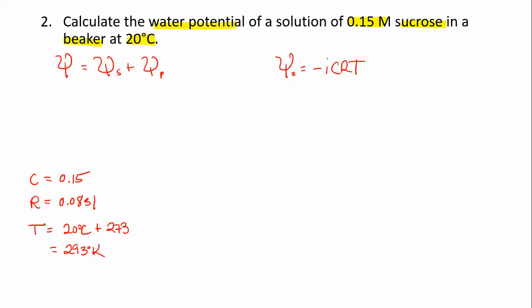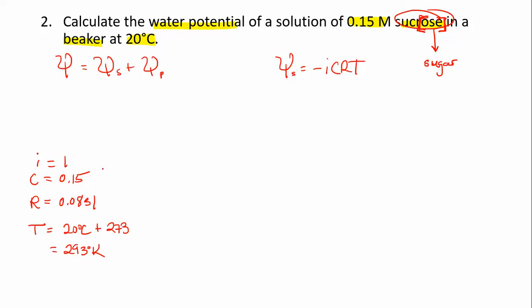Do we know an I? Well, what type of molecule is a sucrose? Sucrose ends in OSE, which you should always remember means you're looking at a sugar. And all sugars have an ionization constant of 1.